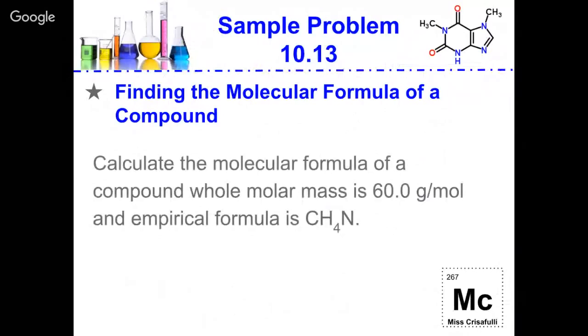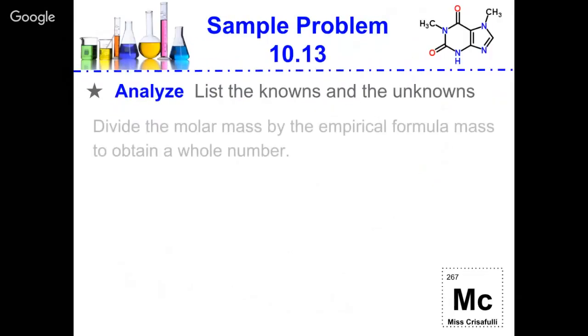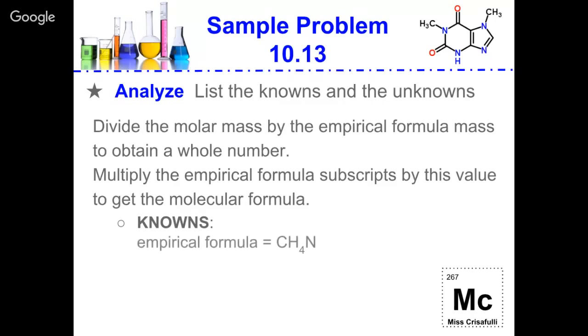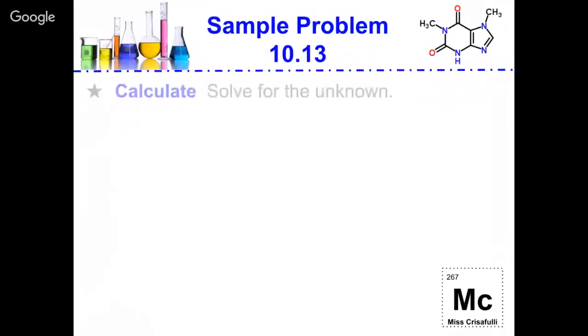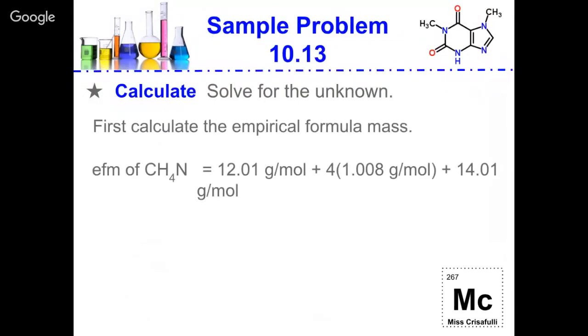So we're going to calculate the molecular formula of a compound whose molar mass is 60.0 grams per mole, and the empirical formula is CH4N. So let's start off. What do we know? We know the empirical formula, we know the molar mass, but we don't know what the molecular formula is. So first things first, we're going to calculate the empirical formula mass.